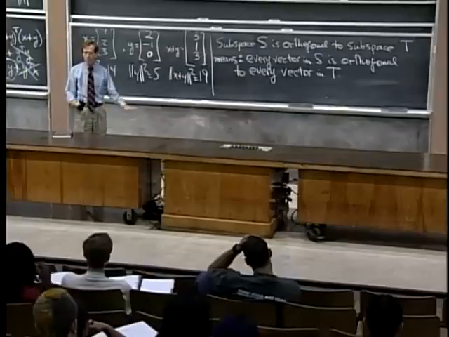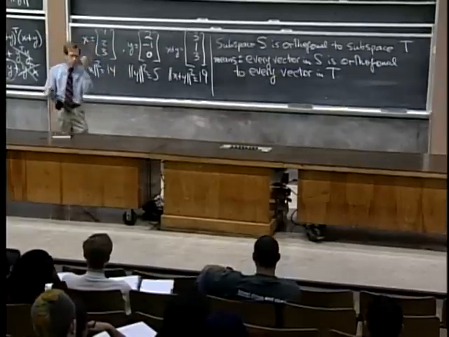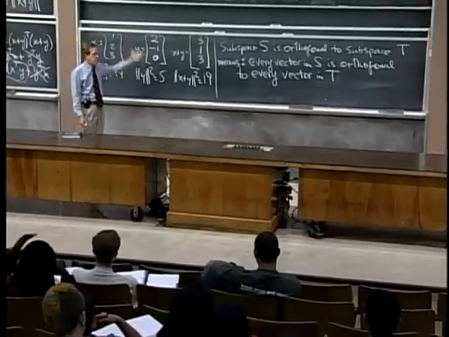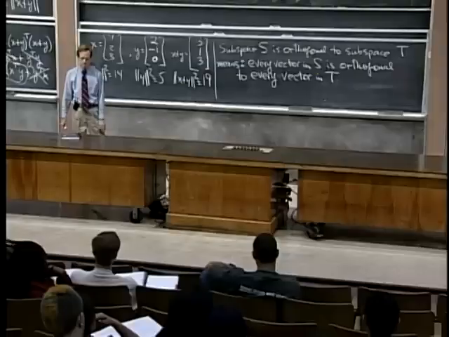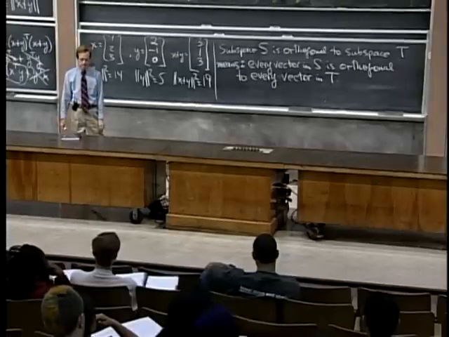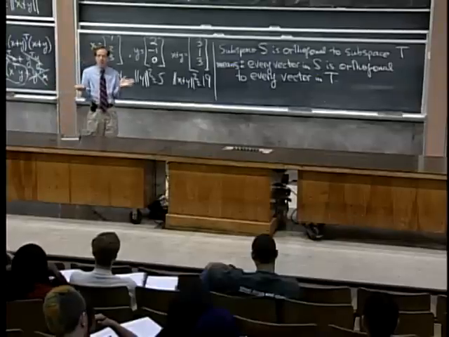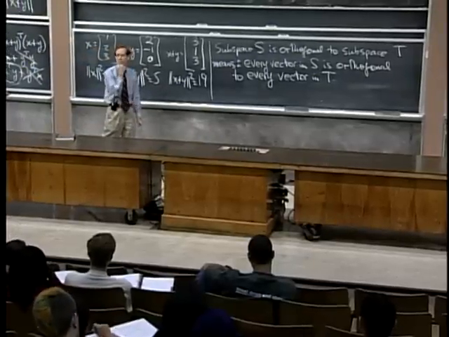Are those two subspaces, they're two-dimensional, right? And we're in R3. It's like the xz plane or something and the xy plane. Are they orthogonal? Is every vector in the blackboard orthogonal to every vector in the floor?